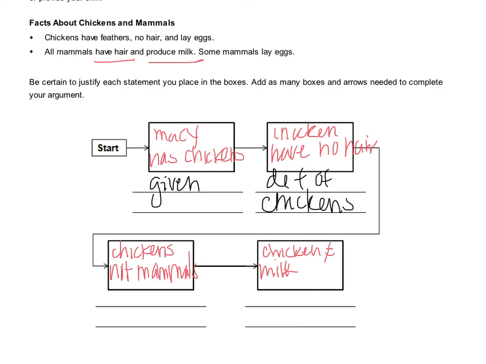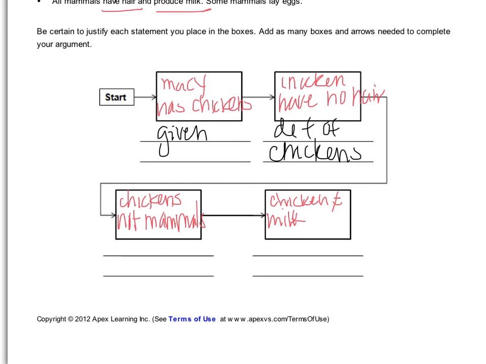And then how do we know that Macy's chickens are not mammals? Well, we know that because they have no hair. And the reason we know that they can't produce milk is because only mammals produce milk, and we've already said that the chickens are not mammals.